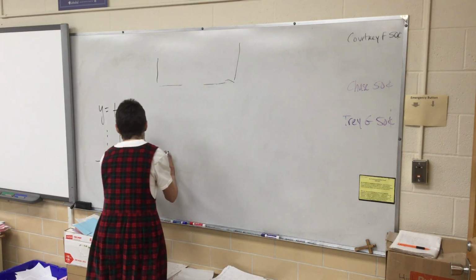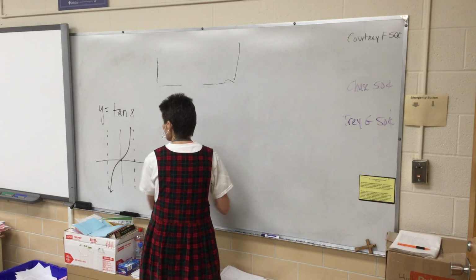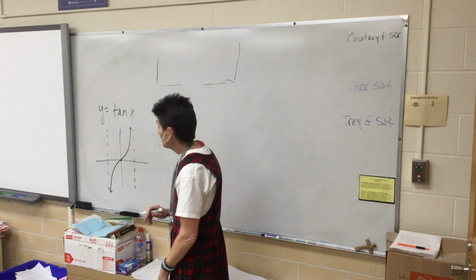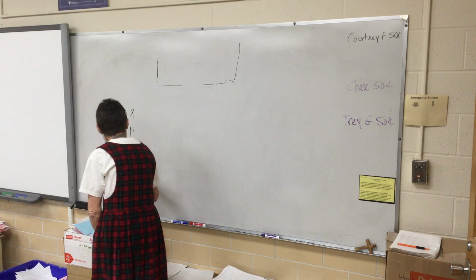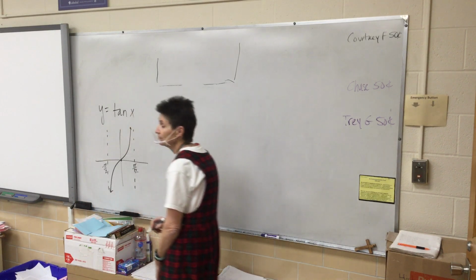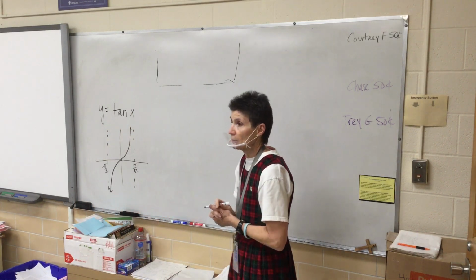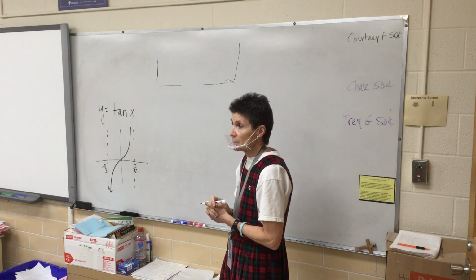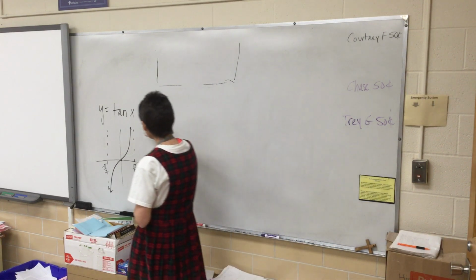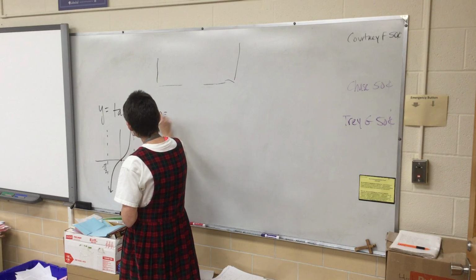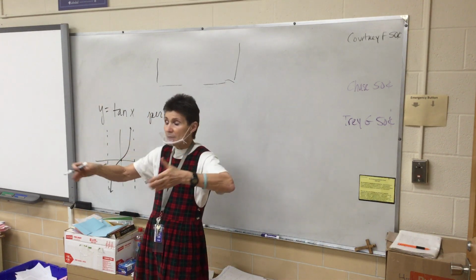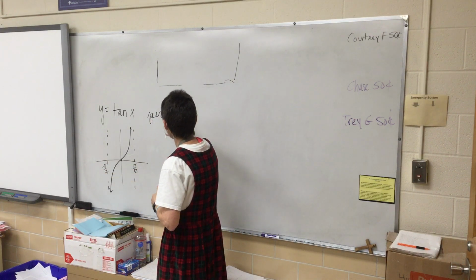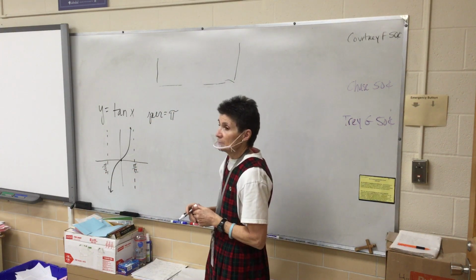You could draw another one here and another one here, but we only need to draw one. And the asymptotes are at negative pi over 2 and positive pi over 2. And that is your tangent. Its period is simply asymptote to asymptote, right? That's a period. And that distance is pi. Would you agree with that?